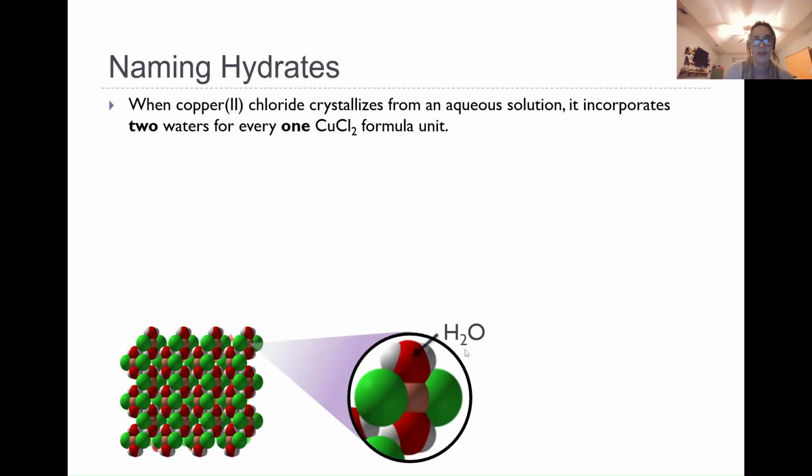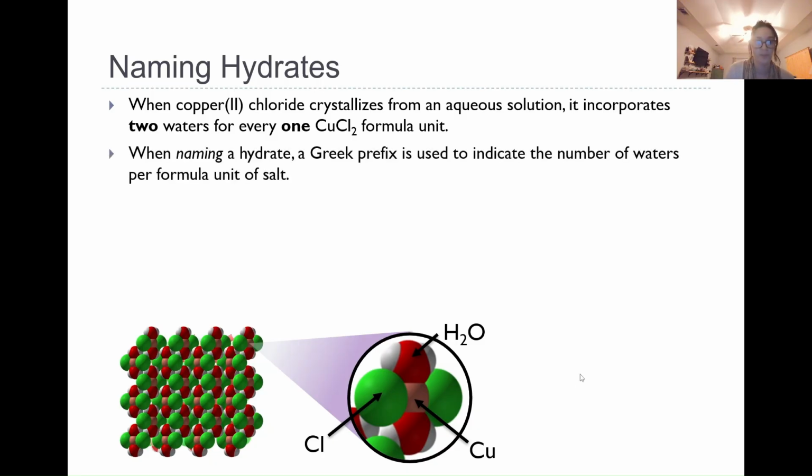So we can represent that by using the formula for copper 2 chloride, putting a dot after it, and then listing how many waters are in every formula unit. You also want to name the hydrate using a Greek prefix to indicate the number of waters per formula unit of salt.